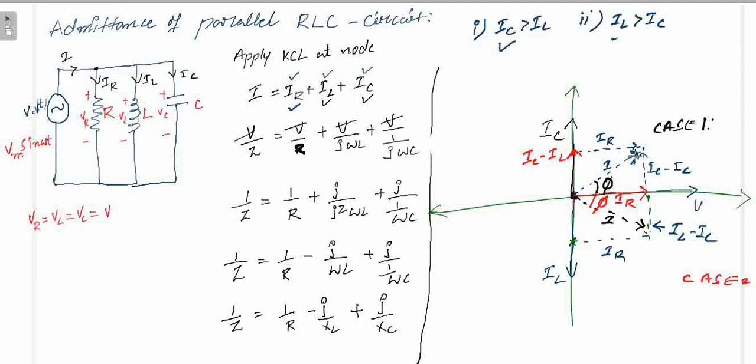So this I is your resultant vector of I. In case 1, where IC is greater than IL, this is the resultant vector of I, and in the other case, when IL is greater than IC. Let us draw a waveform for it.